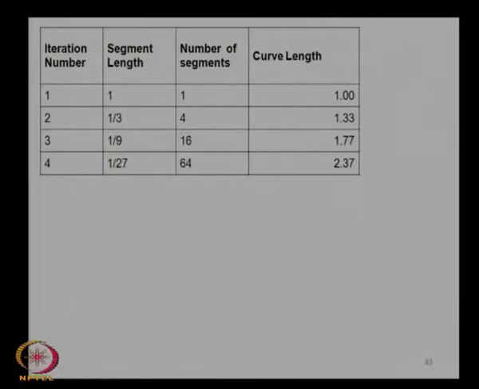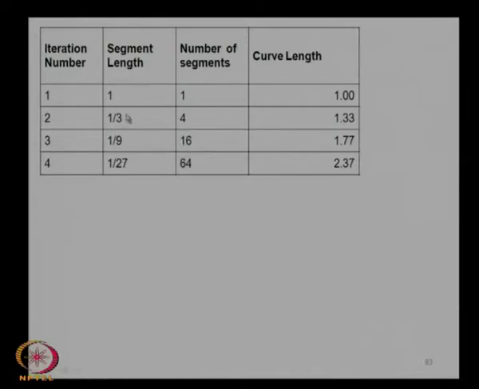So 1/3, then 1/9, then 1/27 and so on. What happens to the number of segments? Number of segments will be 1, then it increases to 4, then it increases to 16, it increases to 64. We saw it in the previous picture, right.